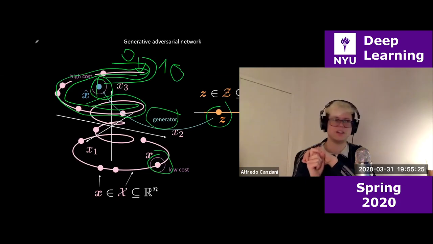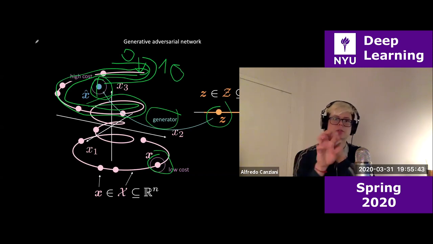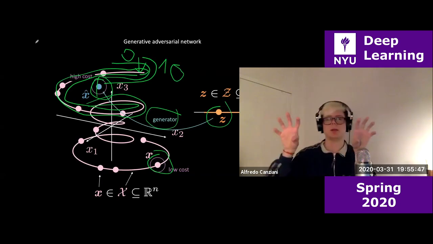So when we converge, we get issues. The discriminator cannot tell apart the two classes because these inputs are no more separated.